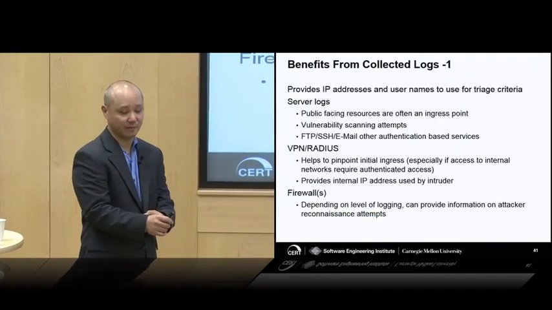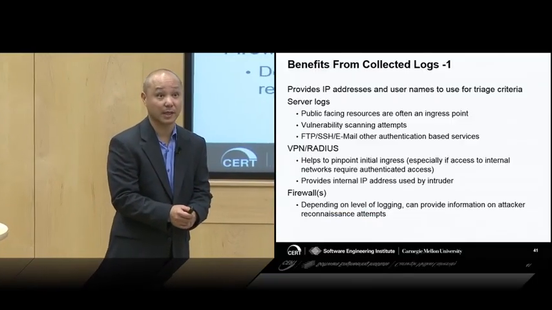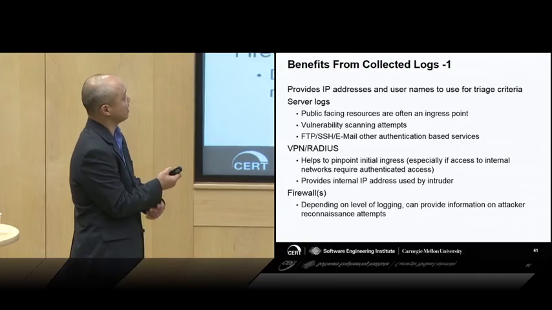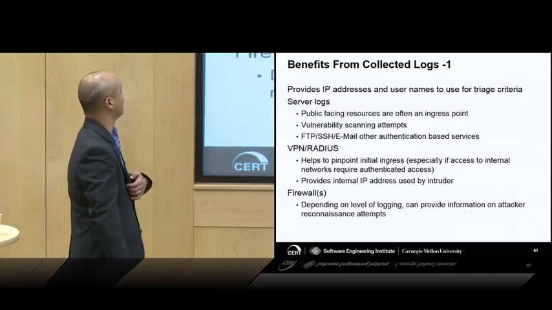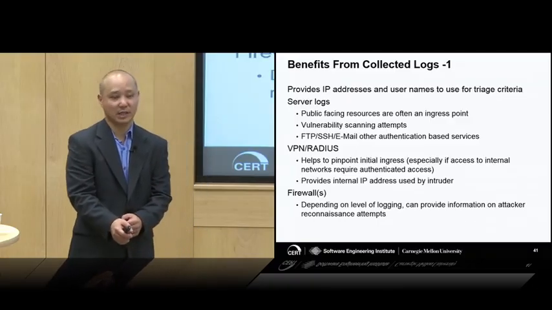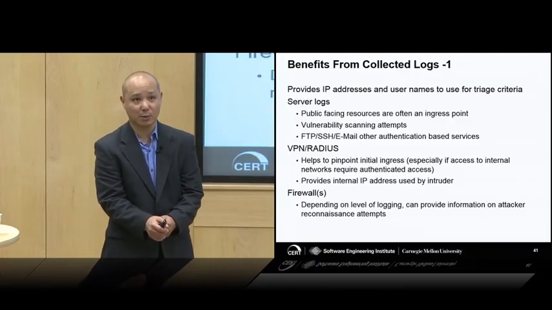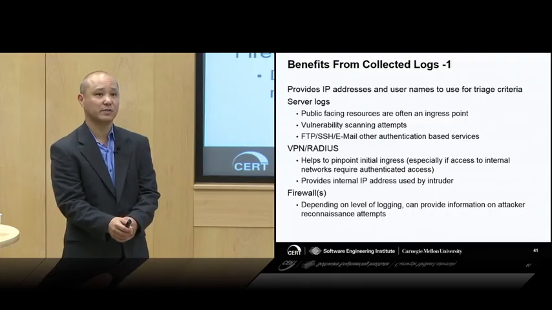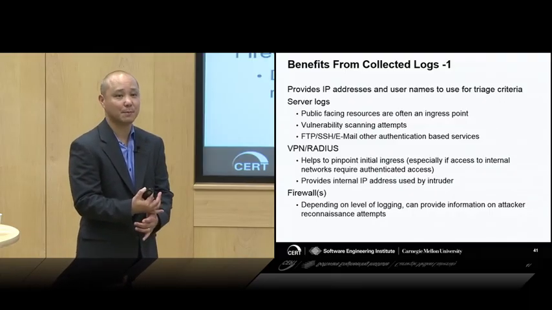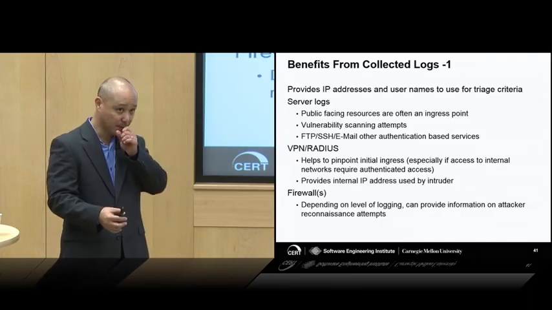Okay, so the benefits of collected logs, the light logs, right? They provide the addresses and the usernames for use as triage criteria. Your server logs give you the possibility of ingress points if you're talking about your public-facing web servers. Vulnerability scanning attempts will show up a lot of times in those logs.